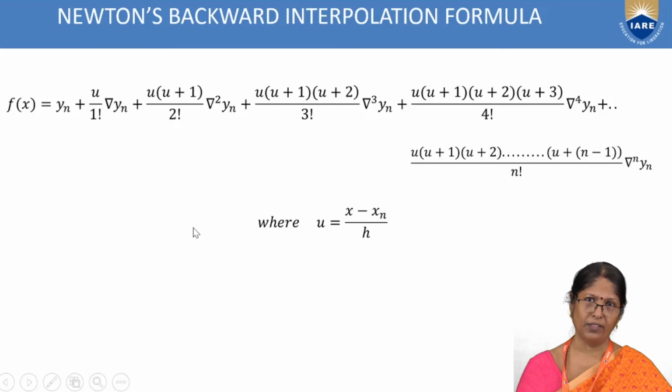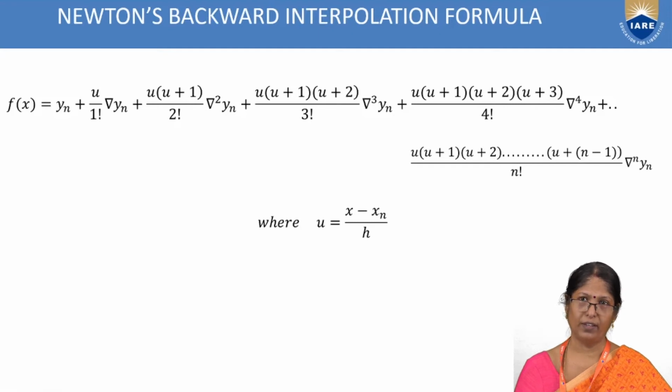Now we can see Newton's backward interpolation formula. It is the formula given by Newton using the backward difference operator. Interpolation means the value to be found at the point x lies within the range of the given data of our problem.